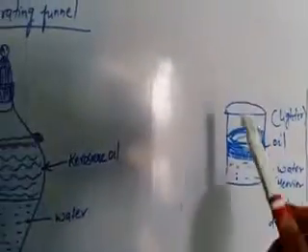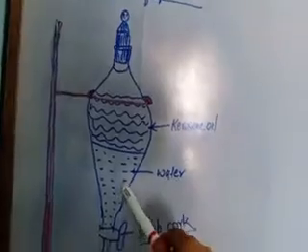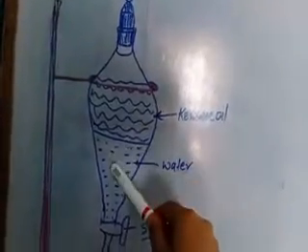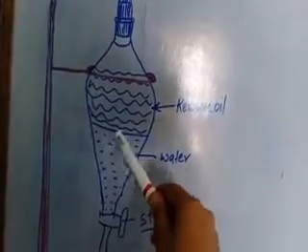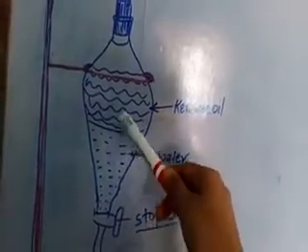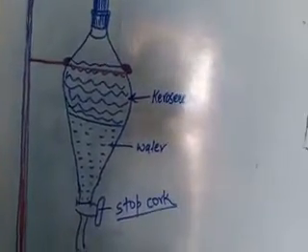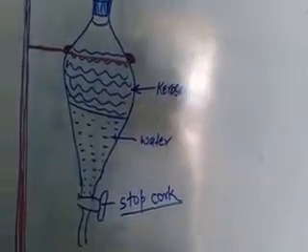Now what we have to do is pour the whole mixture in this separating funnel. When we pour the whole mixture in this separating funnel, we will again see the two distinct layers of water and kerosene oil. We have taken the mixture of kerosene oil and water.